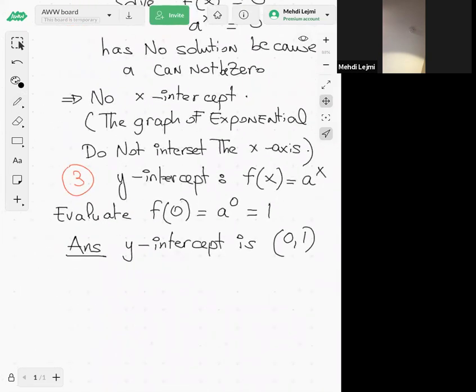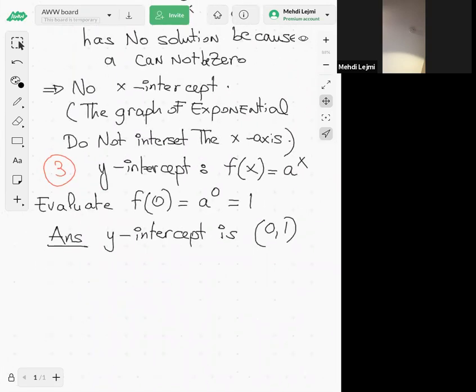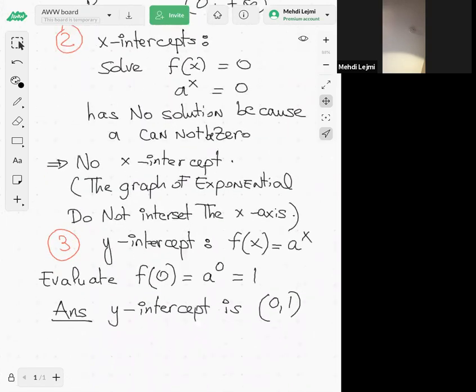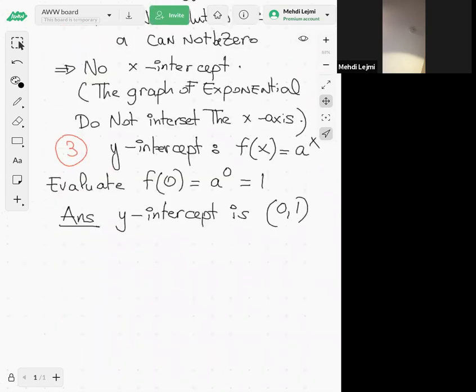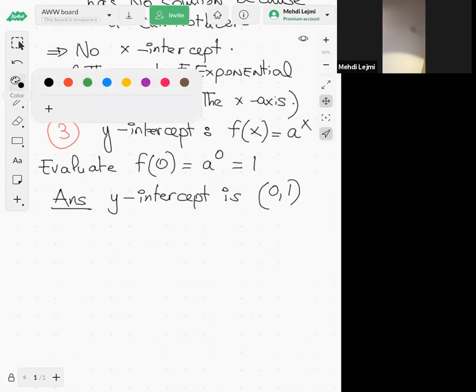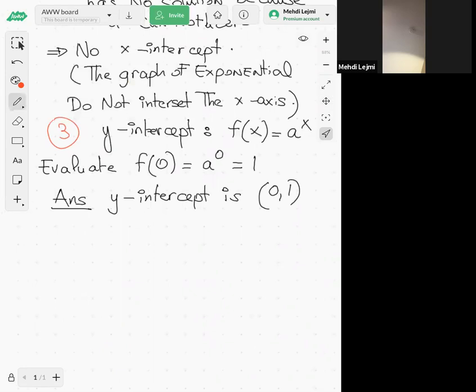So this is like the general properties of any exponential function. So in general, for example, let's say you want to graph f of x equal to 2 to the power x, right?